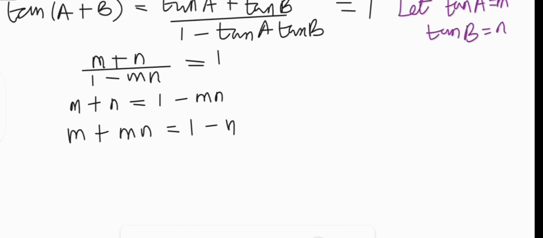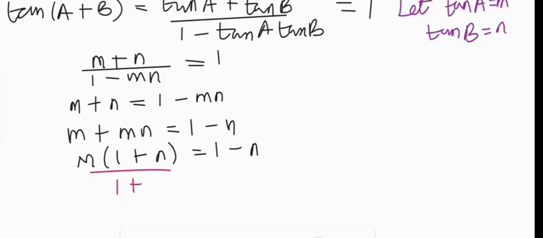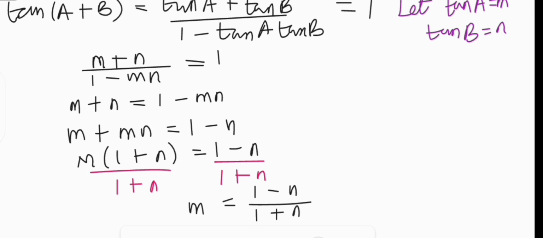So M is factored from the left, where we have M times (1 plus N) in parentheses, and that's equal to 1 minus N. And we divide both sides by 1 plus N, which when it is done, M is equal to (1 minus N) over (1 plus N), which we call equation 1.